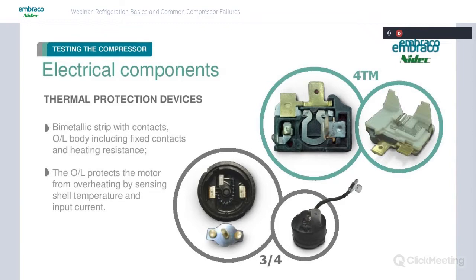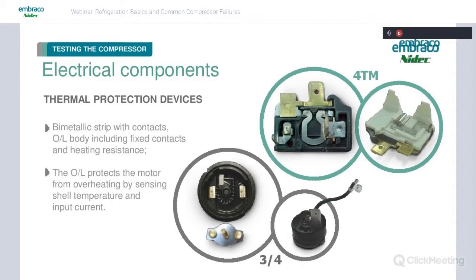They have a little heater wire underneath the contacts, which are mounted on a bimetal piece of metal. When you sense heavy current through that wire, it's going to heat up, cause that bimetal to deflect and open the contacts. Given some time to cool off, it's going to snap back down and close again. So it's a basic continuity check through these devices.